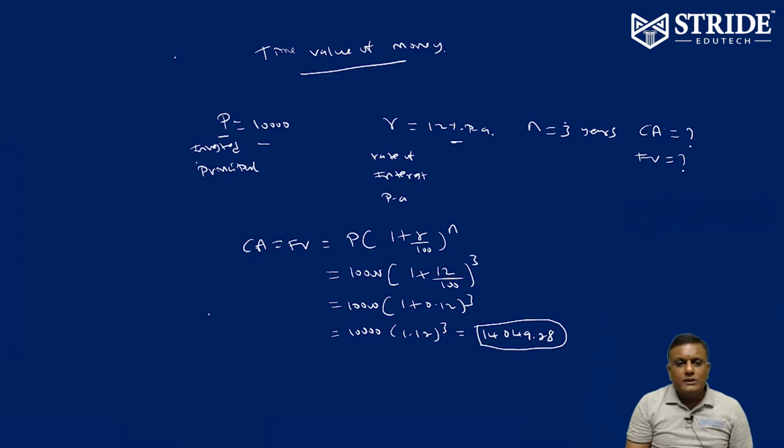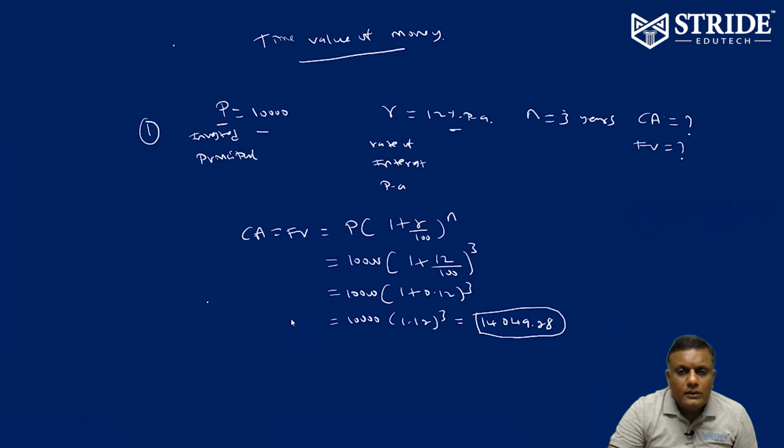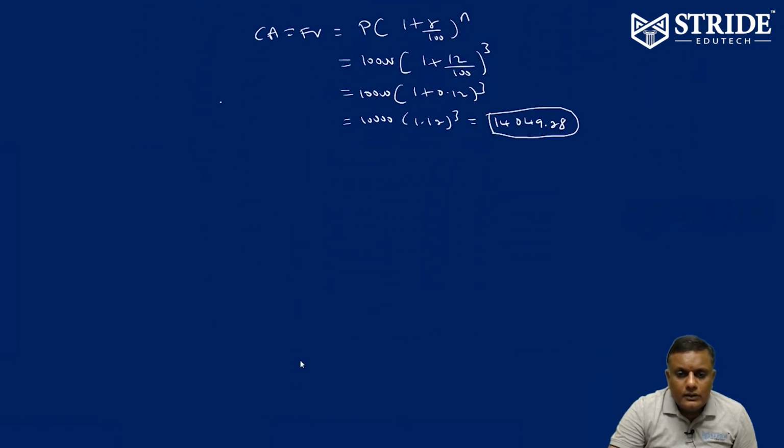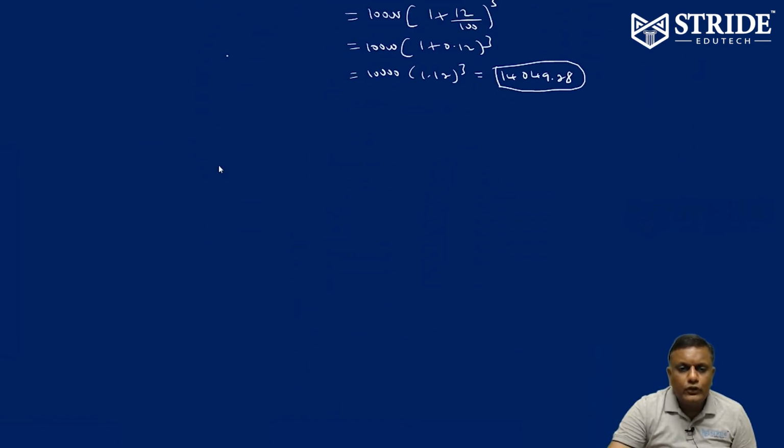This is concept number 1. Concept number 2, same principle. Say the amount invested is 10,000, a one time deposit.